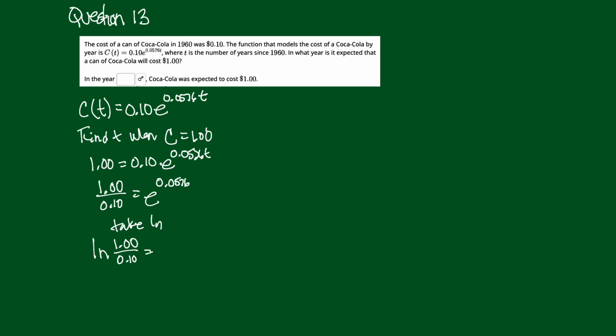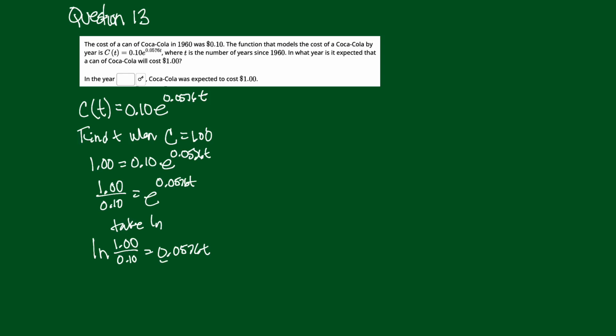On the right side, I get the natural log of e to some power. The natural log and the e are inverses of each other, so the natural log undoes the e and you just get the exponent. So I get 0.0576 t. I forgot the t up here.